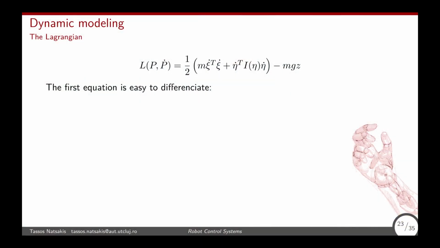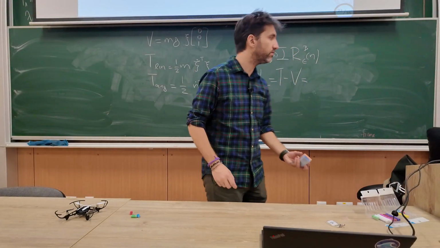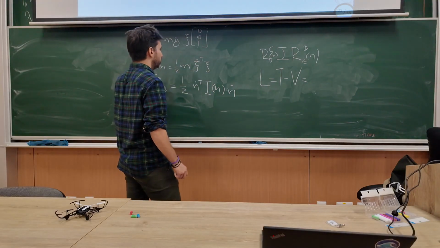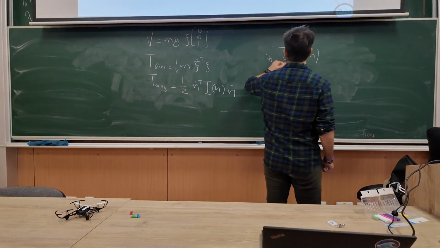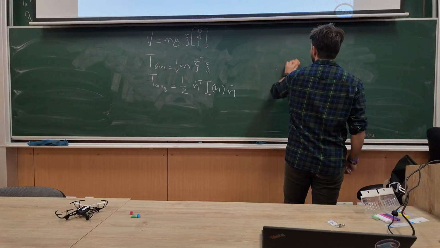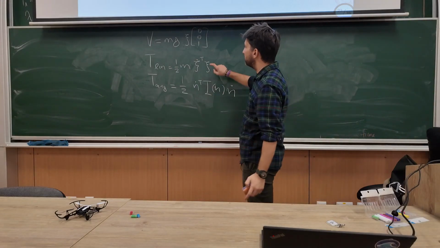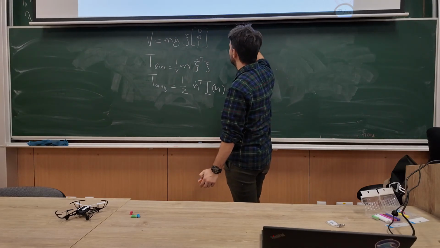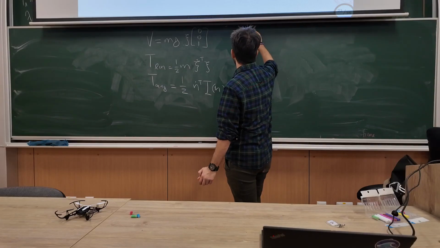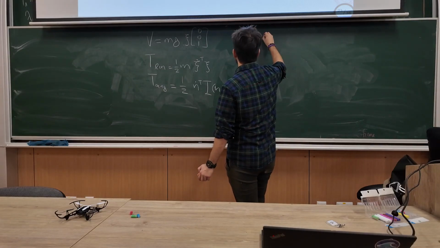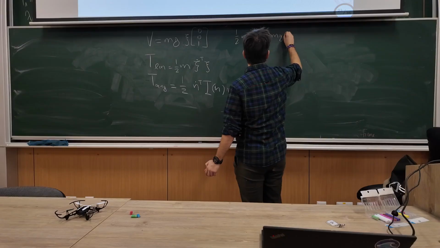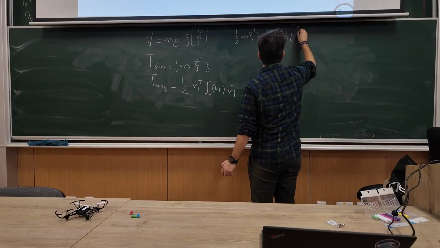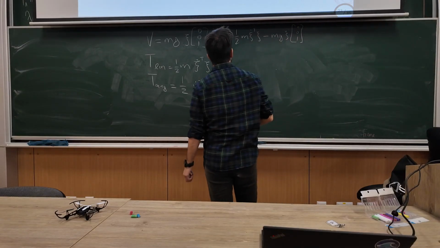So this is my Lagrangian, and if I do the derivation with xi and xi dot, what will I have? Let's try to do it together before I show it there. So what's the derivative of this with xi dot? This 1 over 2 m xi dot xi minus m g xi 0, 0, 1, whatever.